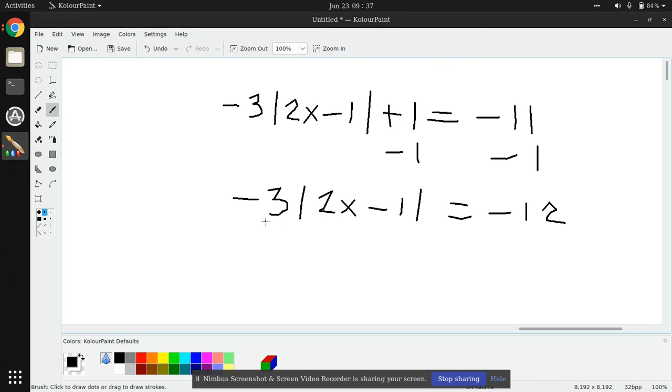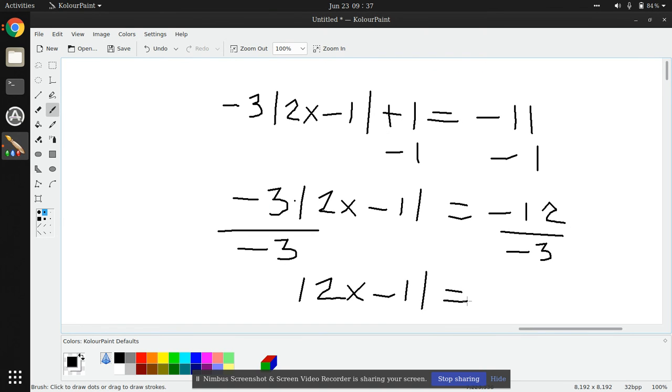Absolute value is still not by itself since there's nothing written between this -3 and that absolute value. That's really a multiplication. So divide both sides by -3, leaving us with absolute value of 2x minus 1 is equal to a positive 4.